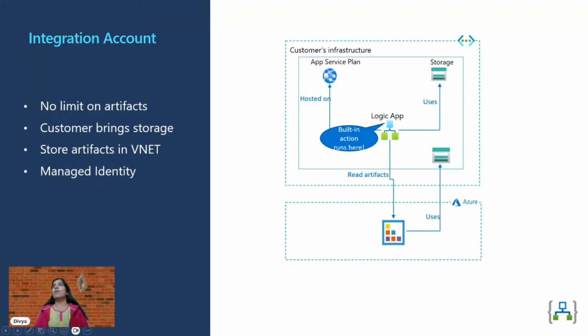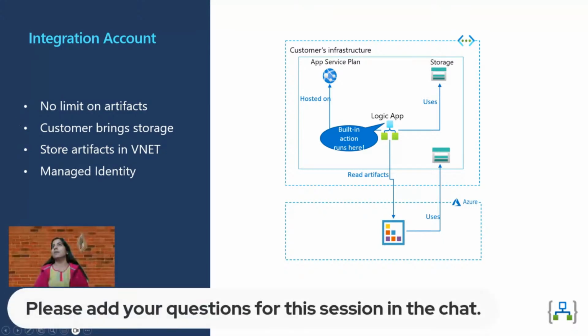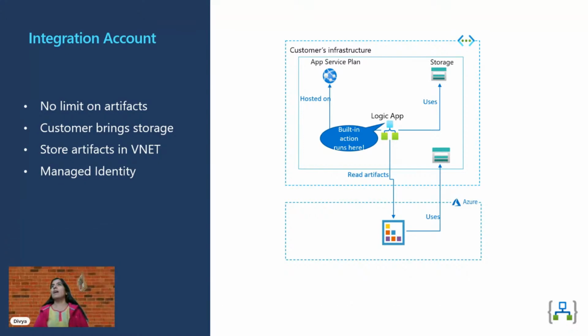And when you have a built-in action, it runs alongside the logic apps. Likewise, when you have X12 and EDIFACT built-in actions, they run on the side besides your logic app. So the VNet requirement that a lot of customers had in terms of X12 and EDIFACT processing is met through the built-in actions.